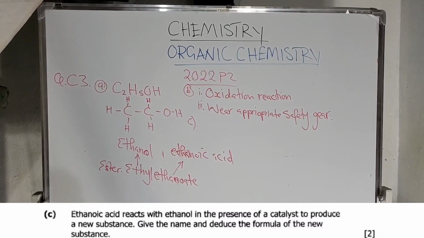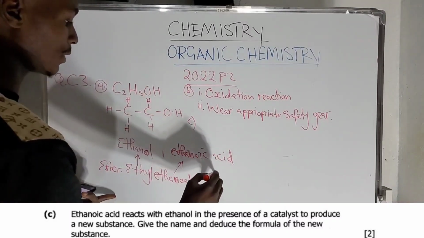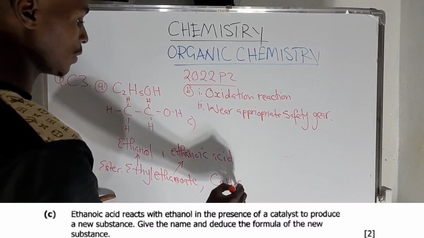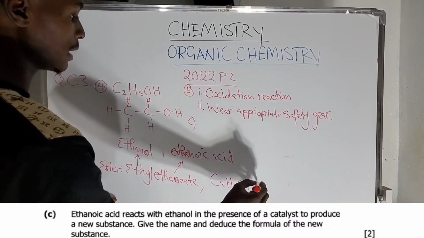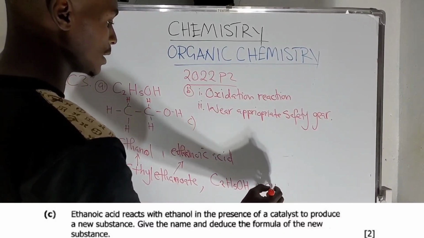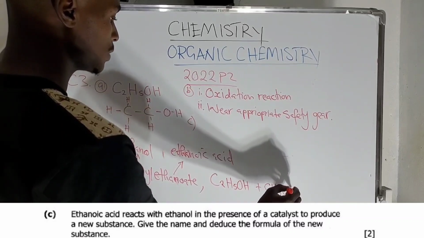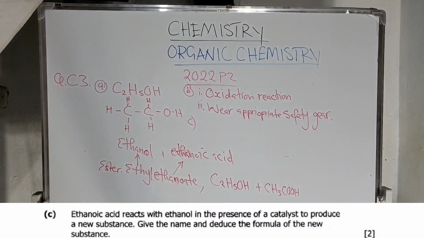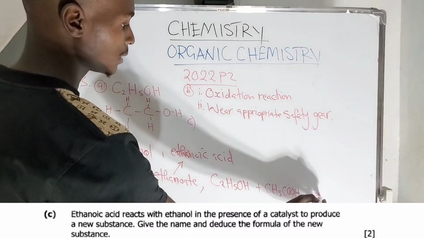Since ethanol is C2H5OH, and ethanoic acid is CH3COOH, water is formed.